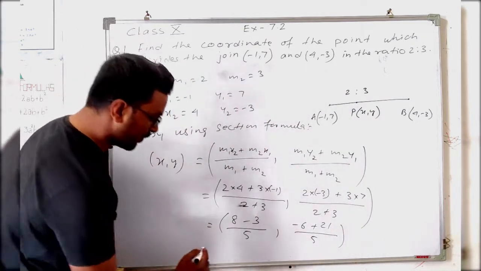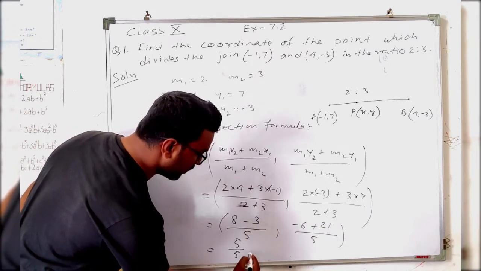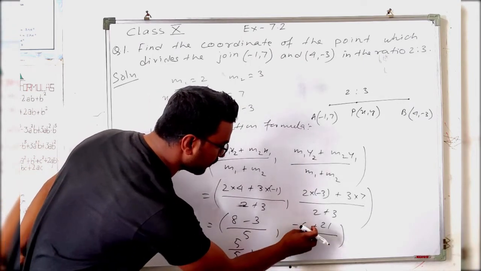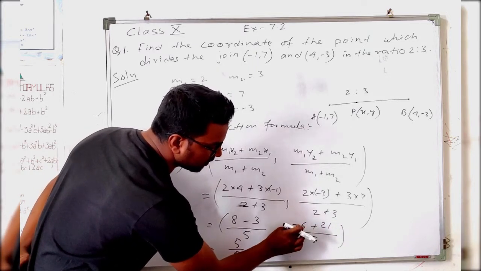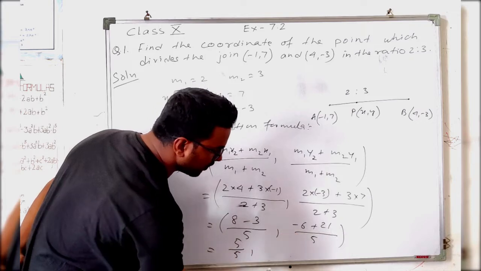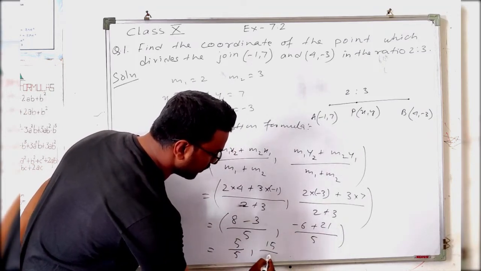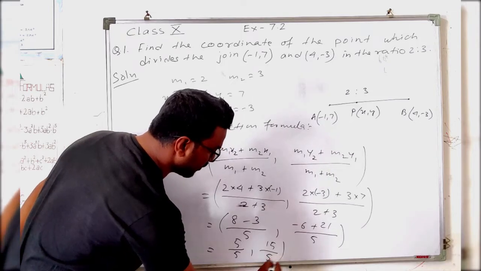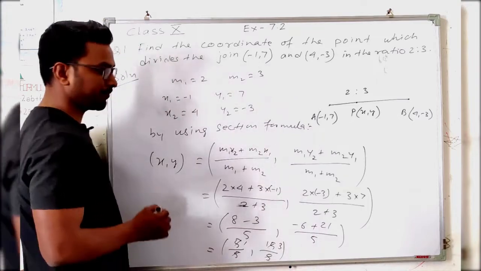If you subtract, this will become 5 divided by 5, and this will become 21 minus 6, how much will it be? 15, divided by 5. So it will become 1 and this will become 3.